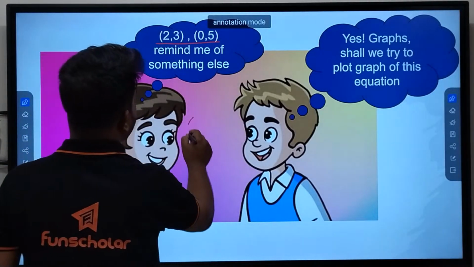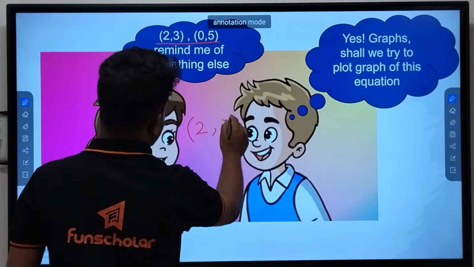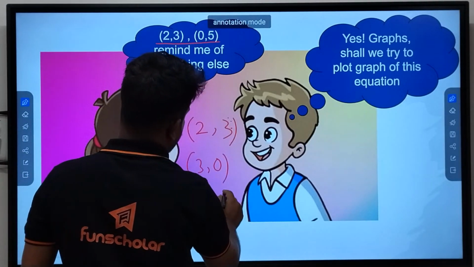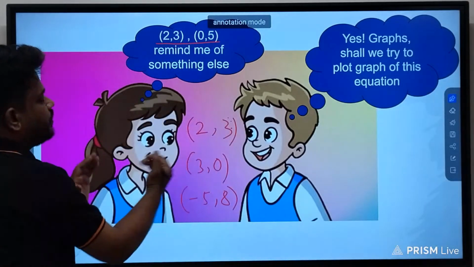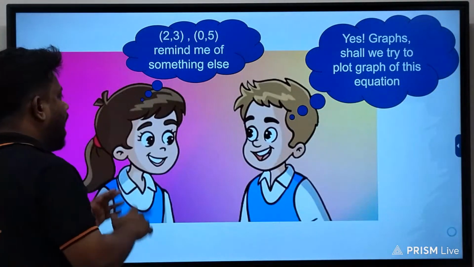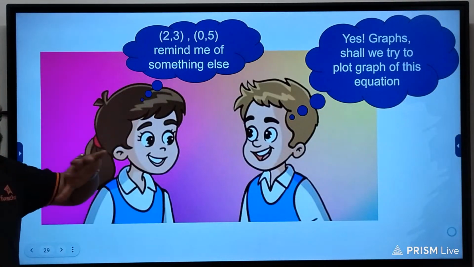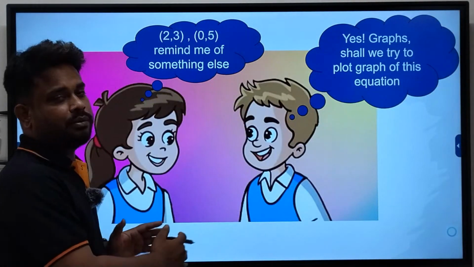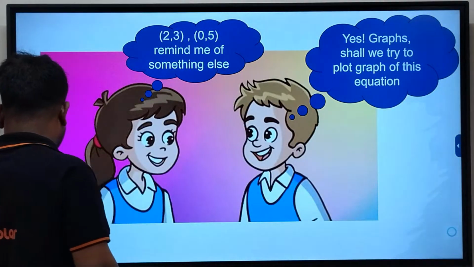We all write graph points like this: (2, 3), (3, 0), (-5, 8), and close them in brackets. Let's see how graphs are related, and you already know that graphs are closely related to this chapter also.